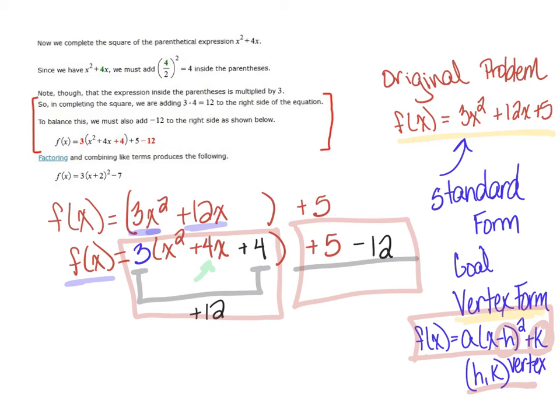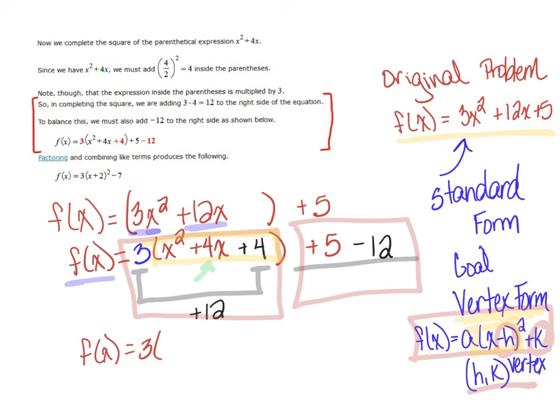Now, what I'm going to do is I have f of x equals 3. I want to get this x squared plus 4x plus 4 to look like a binomial squared. That's what I'm doing right here.